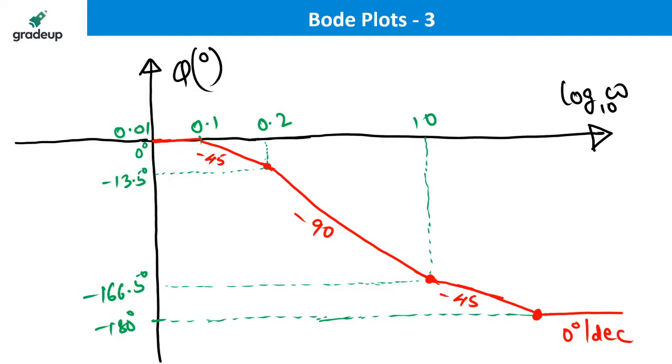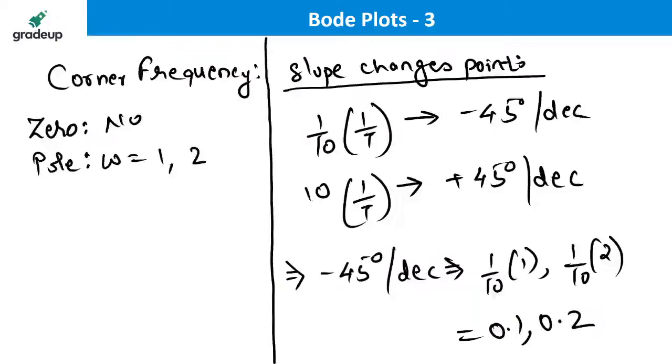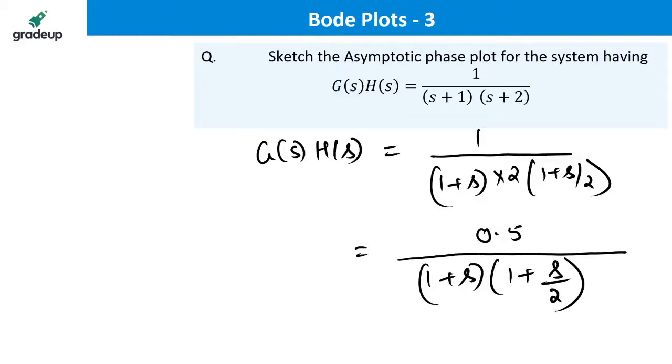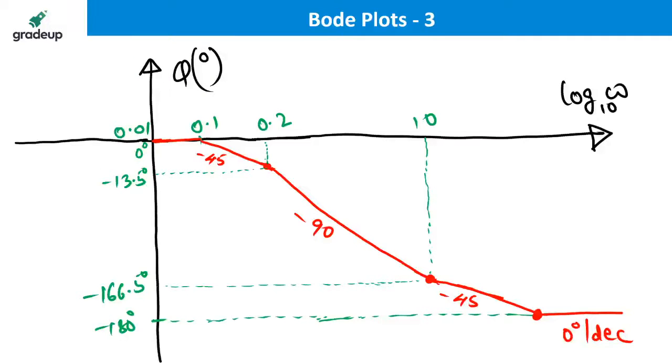Even if you solve the actual phase, there will be two tan inverse terms, tan inverse omega and tan inverse omega by 2, and that is minus 90, minus 90, minus 180 degree. Final phase should be minus 180, and it is satisfying that very closely. That is why the second approximation rule is usually followed for approximating the phase.